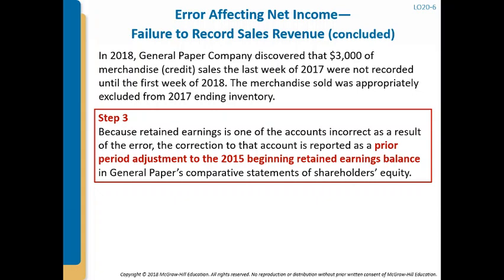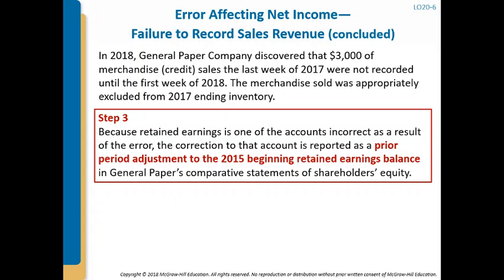Got all kinds of errors in this. It says because retained earnings is one of the accounts incorrect as a result of the error, the correction to that account is reported as a prior period adjustment to the 2015 beginning retained earnings balance.